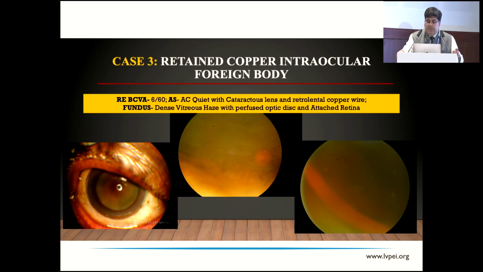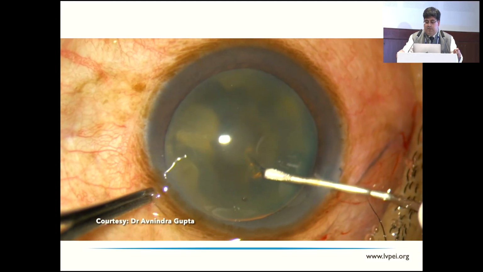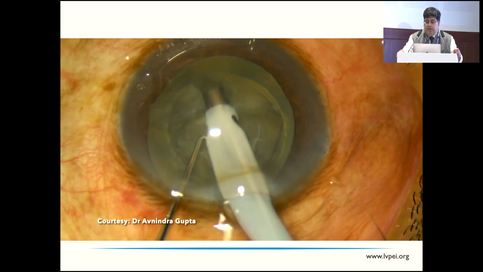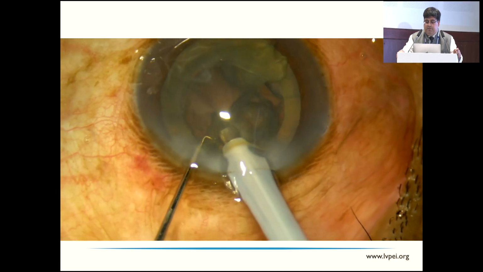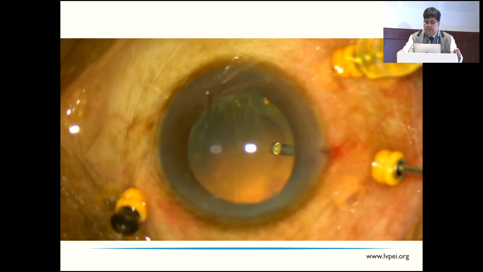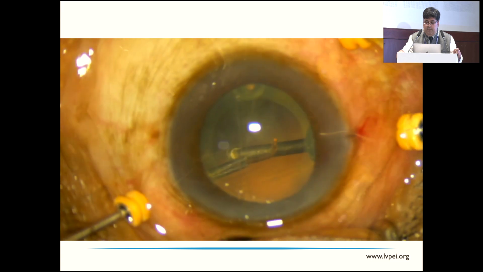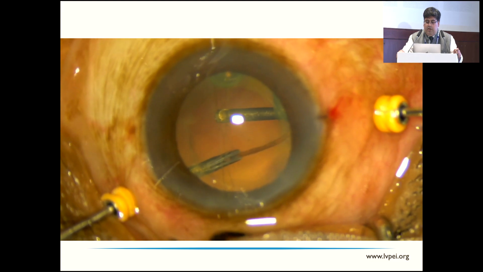This is another interesting case, a rare case of a copper wire foreign body causing chalcosis features on the fundus, with a cataract which was also showing pigmentation. The cataract surgery was done, the nucleus was emulsified, the vitrectomy was completed, and a wire was detected. Again, forceps was used because the foreign body is not magnetic.